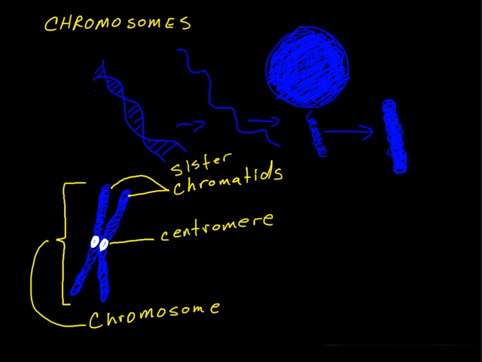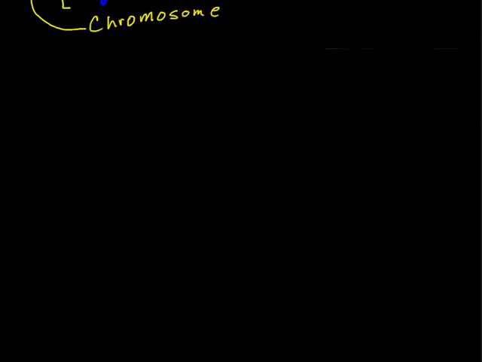In fact, let's take a look at one. This photo shows chromosomes clearly visible prior to cell division. And if we look closely, we can sort of see an X-shaped chromosome here. I'm going to try and trace it. And we can see its four arms. And it's connected in the middle by a centromere.